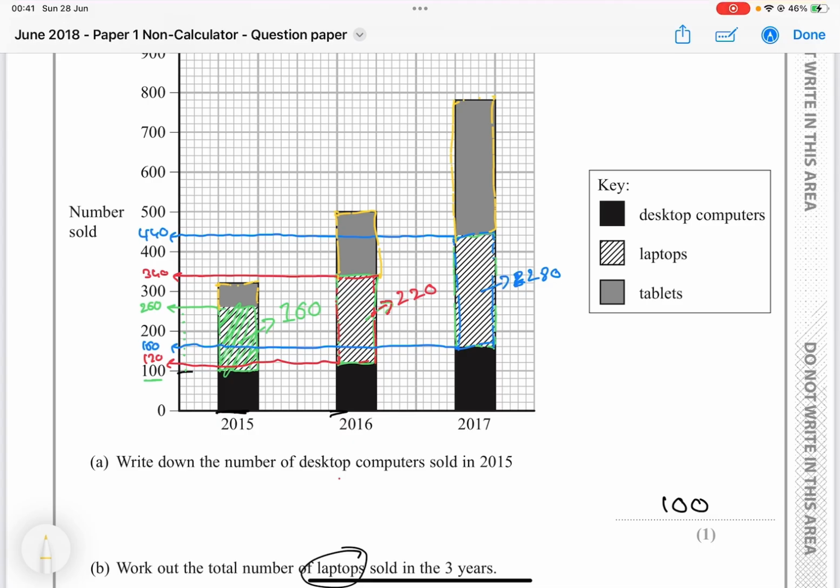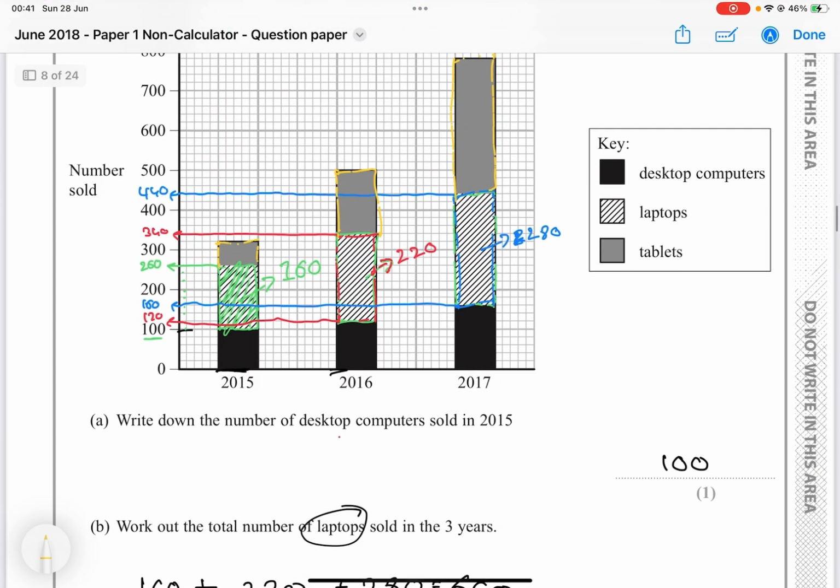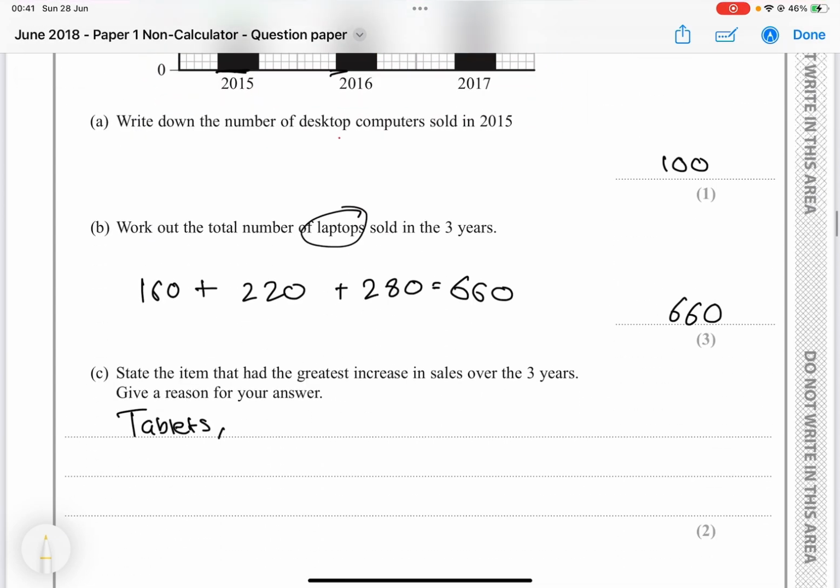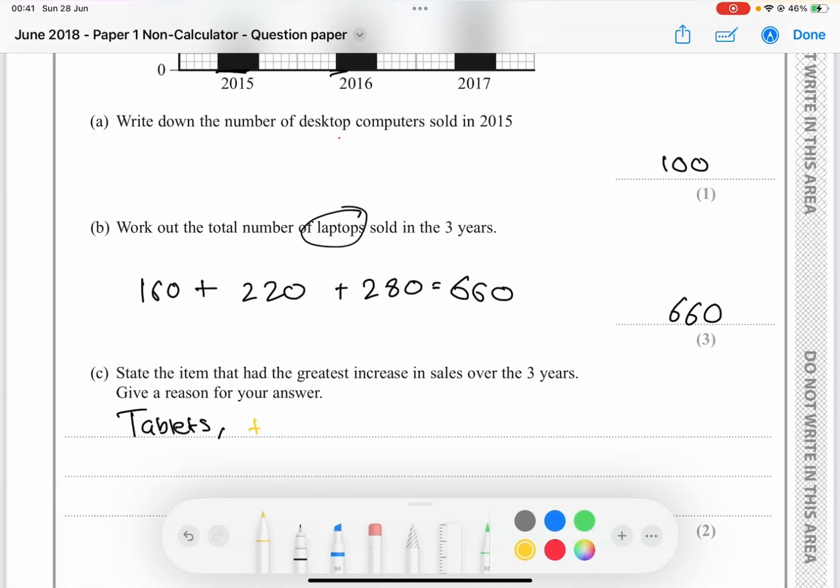So definitely not as much as tablets either. Okay, so clearly it's tablets. You can just see from the graph. But for your reason, we can write that the bars get proportionally longer over time.